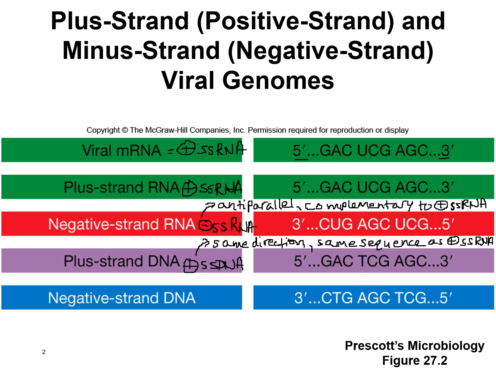Okay, and then if we have a minus or negative strand of DNA, a single strand of that, that's going to be anti-parallel and complementary to the plus single-stranded RNA.